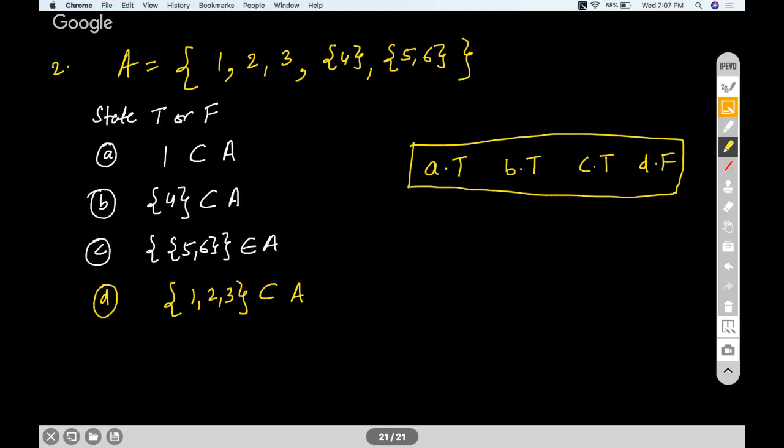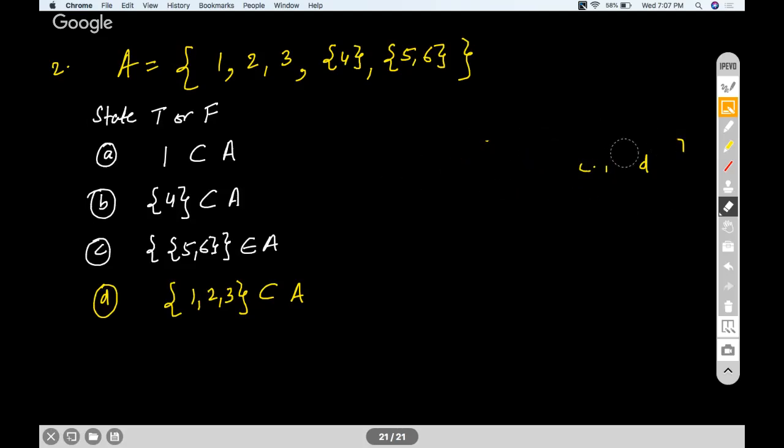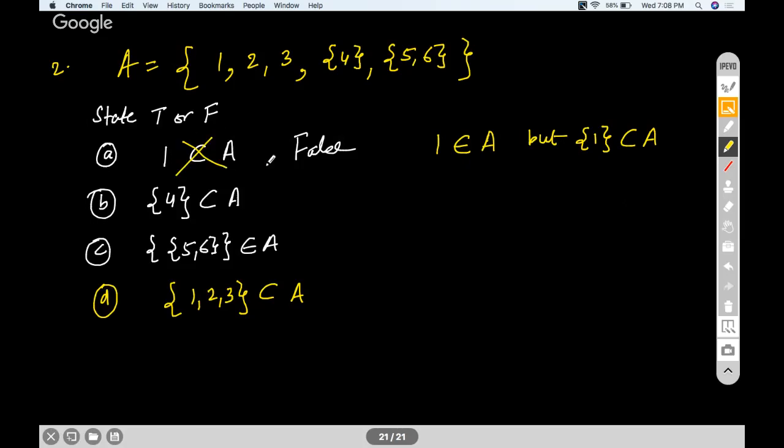Okay, let us discuss this. A says 1 is a subset of A. This is a false statement. You can say 1 belongs to A. 1 is not a set, right? If you want to write it as a subset, you have to write it as a set, but 1 belongs to A. So this statement is a wrong statement.